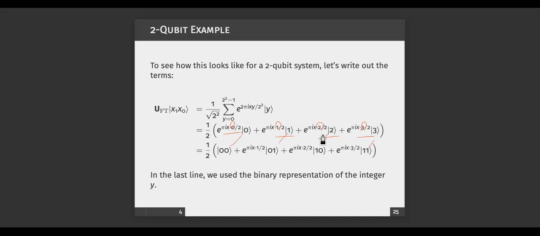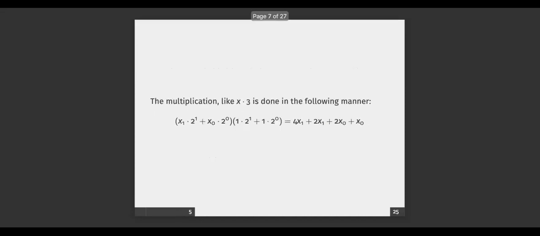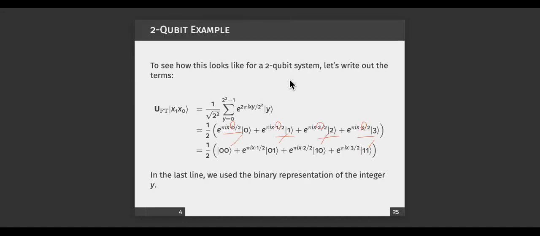So for example, 3 is 11, 2 is 10, 1 is 01, and 0 is 00. Now, when we do the multiplication, this is not the usual base 10 multiplication, but the bitwise multiplication or the binary multiplication, which looks like this in the next slide.